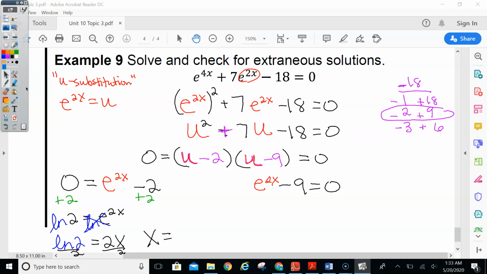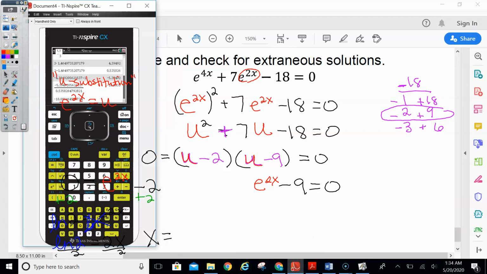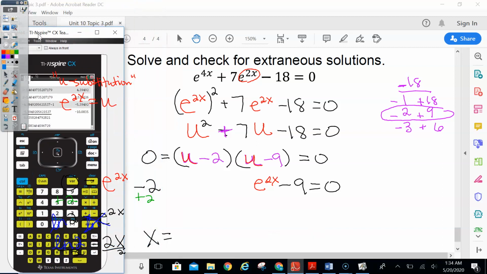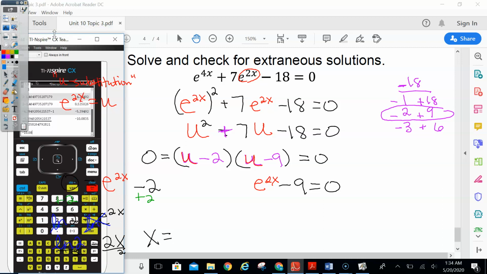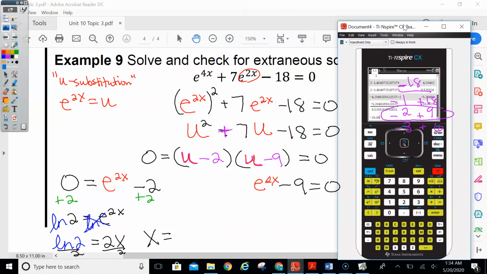So let's go ahead and get that calculator out. I'm going to do natural log, so control ln. Oh, let me clear all this. So natural log of 2.